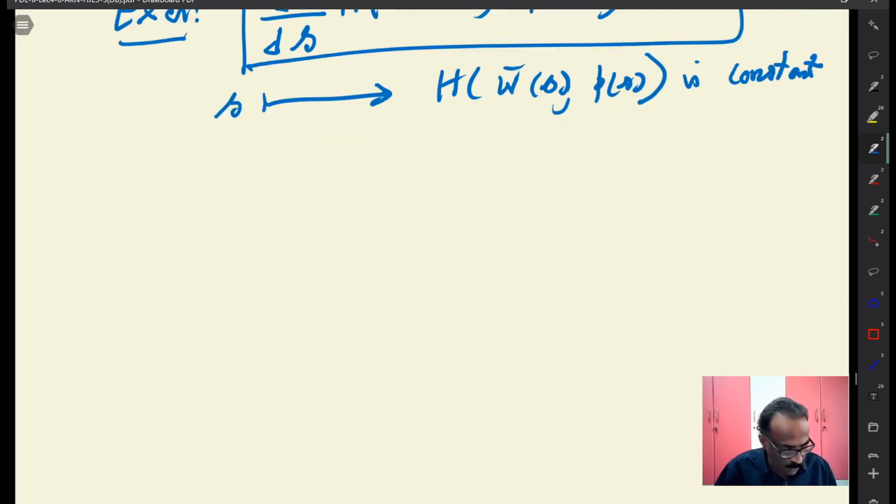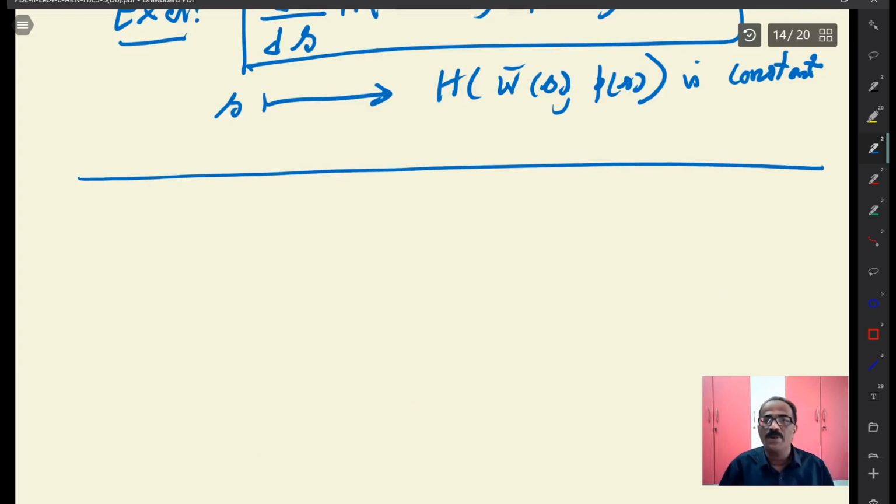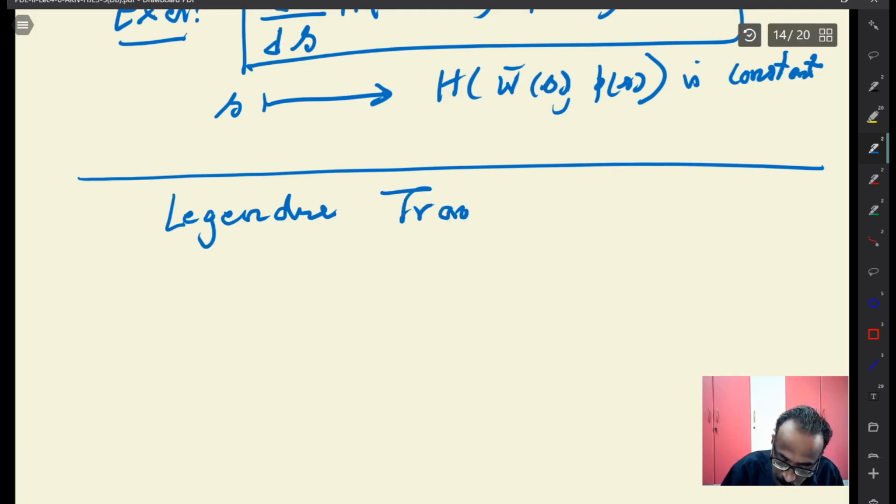Okay, so now we want to discuss something else, what we call the Legendre transformation. So this is the Hamilton's ODE, which is a system of 2n equations, and then we want to introduce in the general case what this Legendre transformation is.